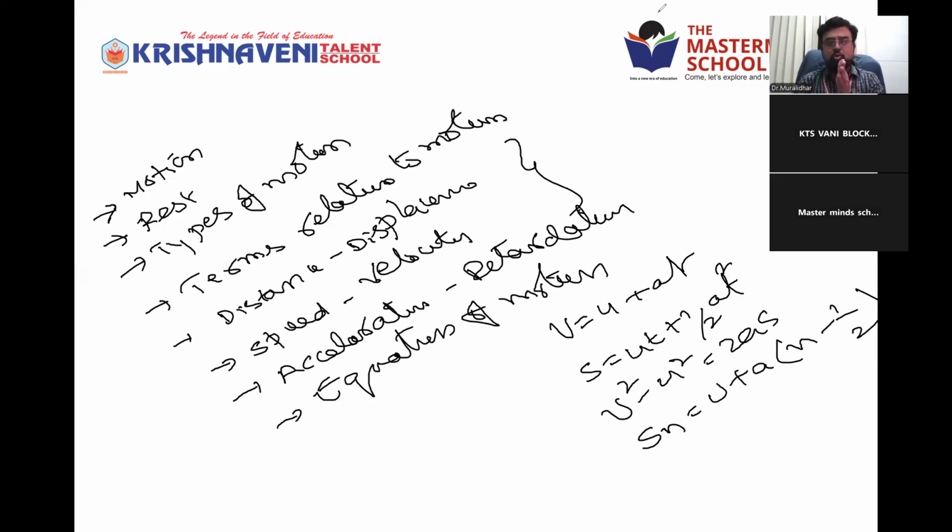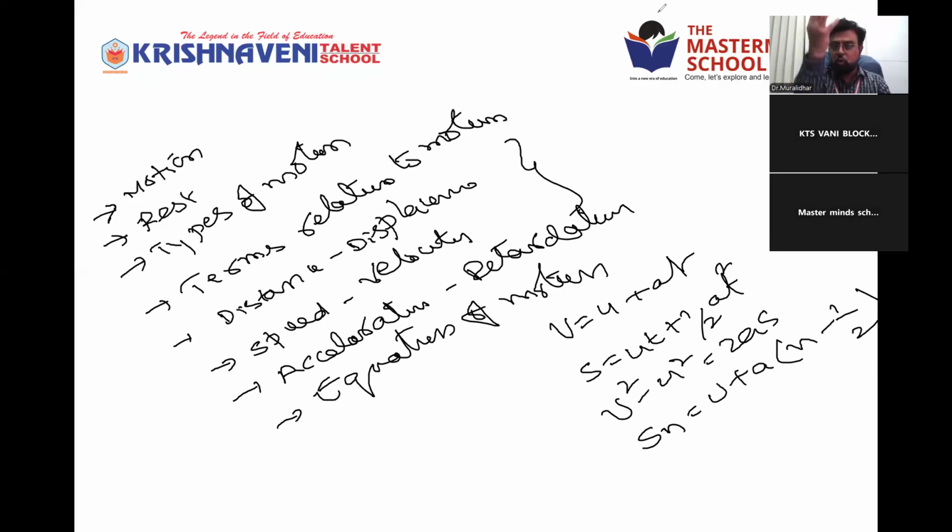And today we are going to conclude the session with some more information on what happens if the body is under the influence of gravity. These are all motions on a straight line by application of force. But what happens when the same body is under the influence of gravity?